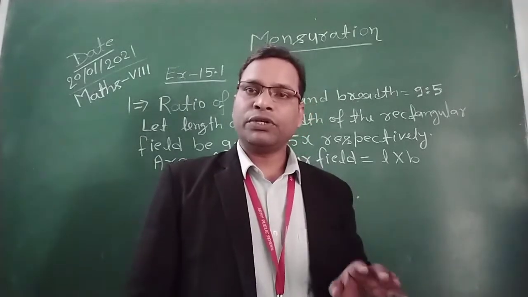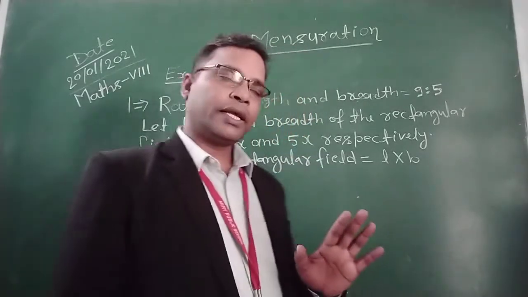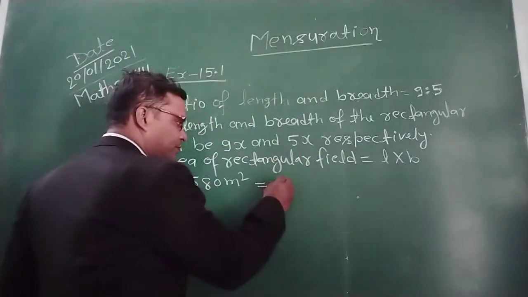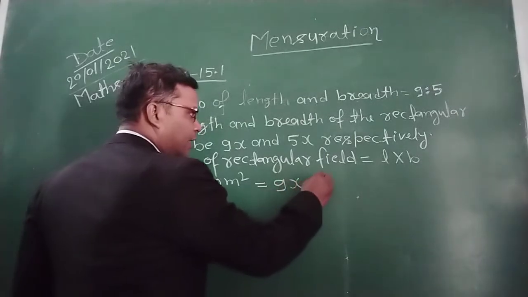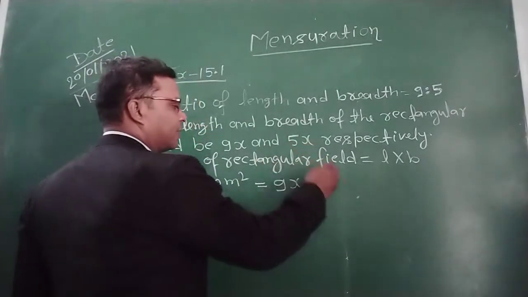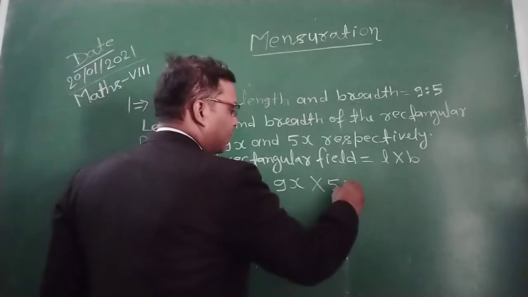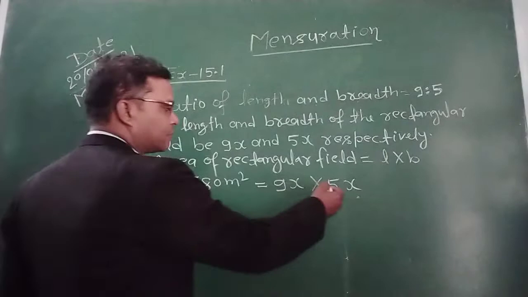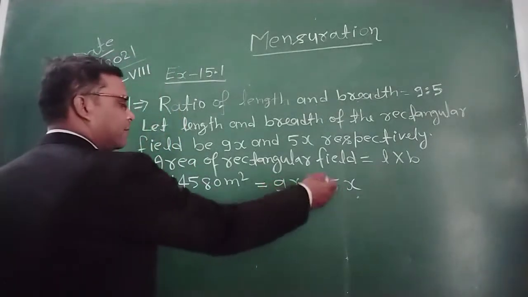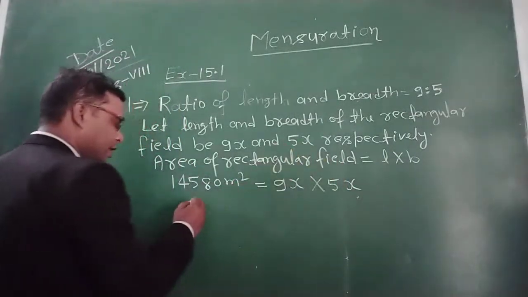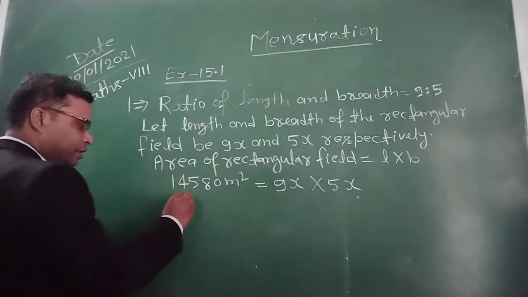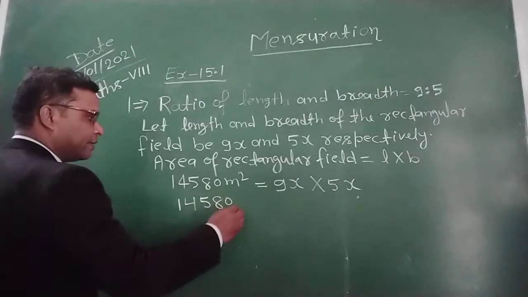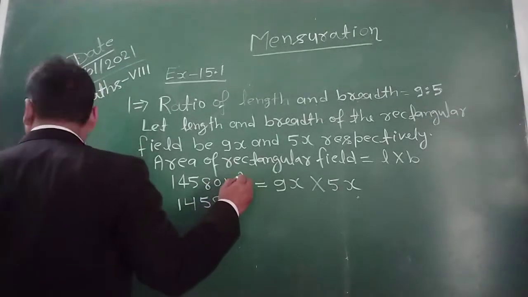We need to find first the length and breadth. So length, here we let 9x, into breadth, we let 5x. If you multiply them, we get 45x square, and here we have 14,580 meter square.